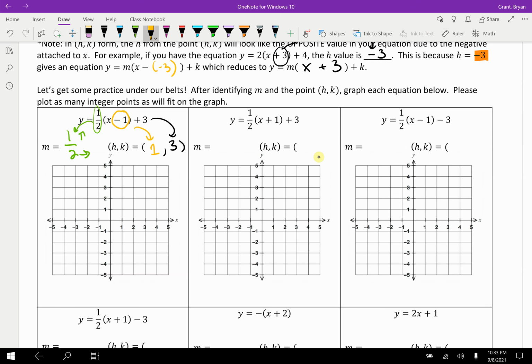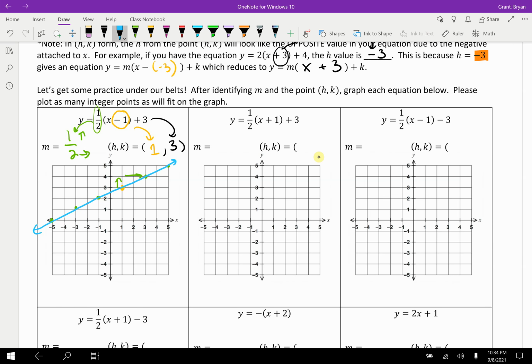HK over 1, up 3. Great. Slope up 1 over 2. Up 1 over 2, or go the other way. Down 1 over 2, down 1 over 2, and so on and so forth. Once we have those, we connect our points, and we should have our first line graphed from HK form.